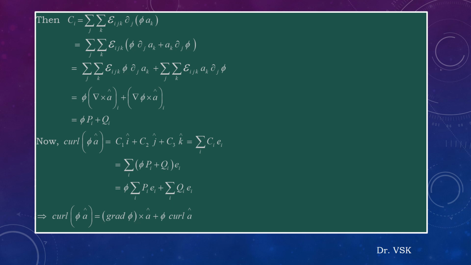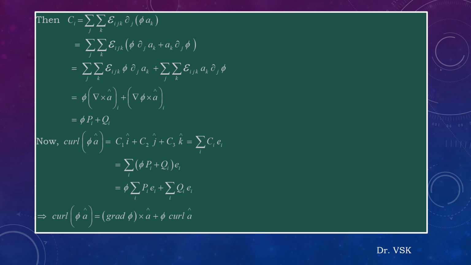If we substitute the ci value here, we can obtain curl phi a cap. So curl phi a cap equals summation sigma over i of phi pi plus qi times ei. That equals sigma over i phi pi ei plus sigma over i qi ei.